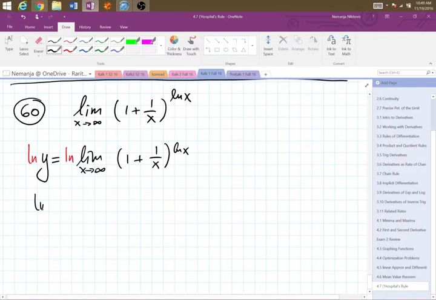Get ln y is equal to the limit as x goes to infinity, drop down ln x, and then have another ln of 1 plus 1 over x.